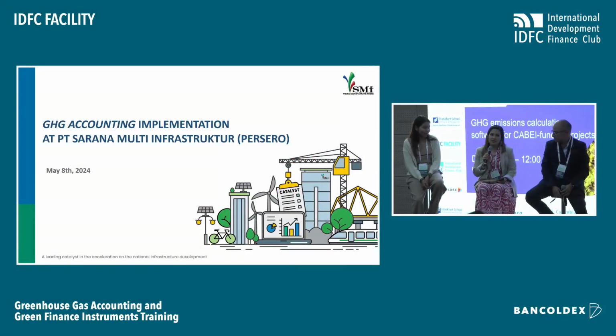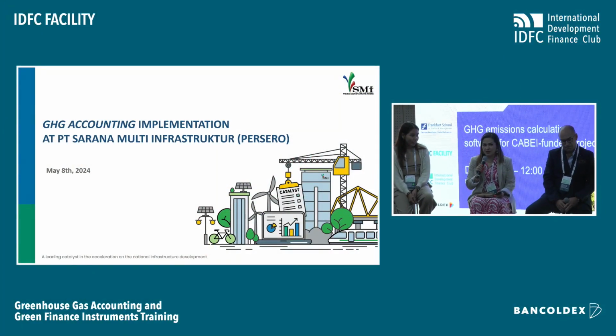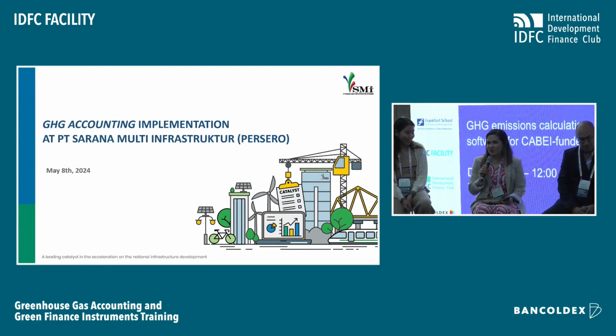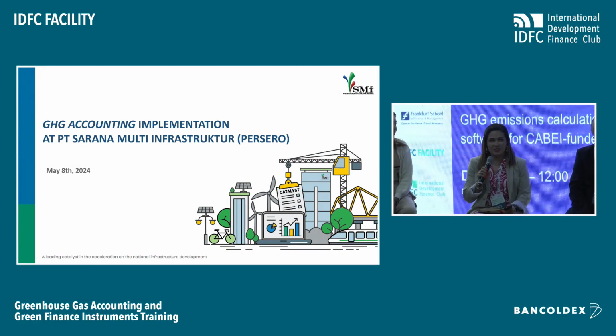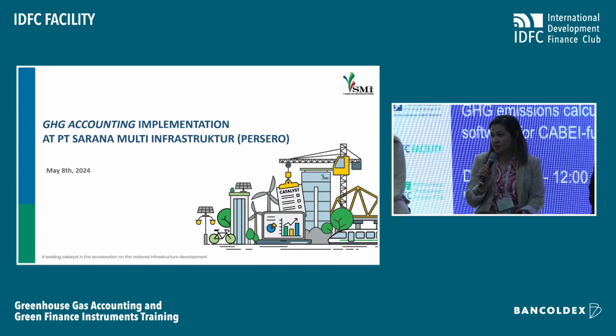Thank you very much, Jonas. So good morning, everybody. At CABE, we have been developing software for GHG calculation for our funded projects. That was being done 2 years ago. Last year, we didn't do that much with it because we're still trying to mainstream, as Jonas was mentioning, climate change in our regulations and policies.